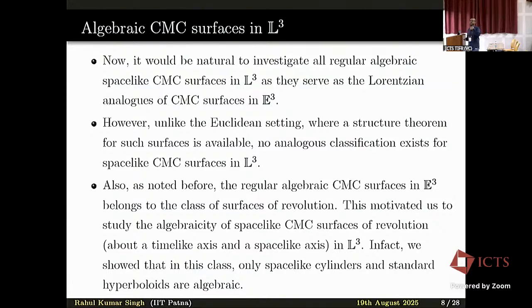What I'm going to consider now is CMC surfaces of revolution about a time-like axis and a space-like axis. Of course, one can also talk about null axes, but I have not considered that in this work. But I will talk about what happens to space-like CMC surfaces of revolution about time-like and space-like axes in L3.